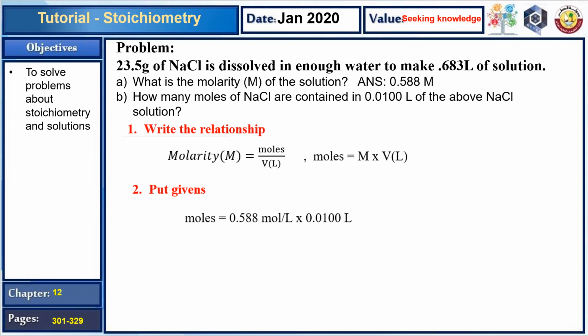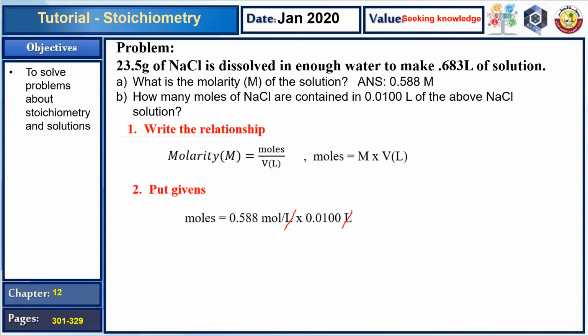So moles is equal to 0.588, the same number that we found in part A, times 0.01 liter. I specifically wrote units again to show you that this L and this L will cancel each other.